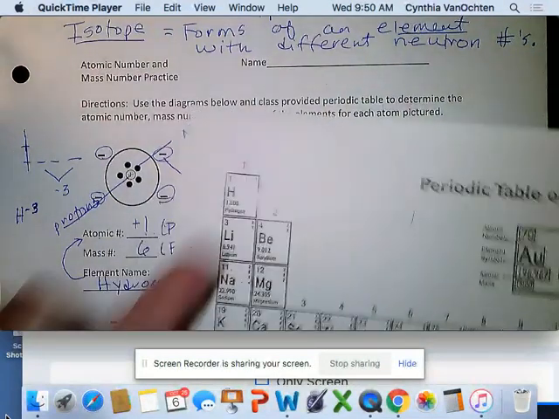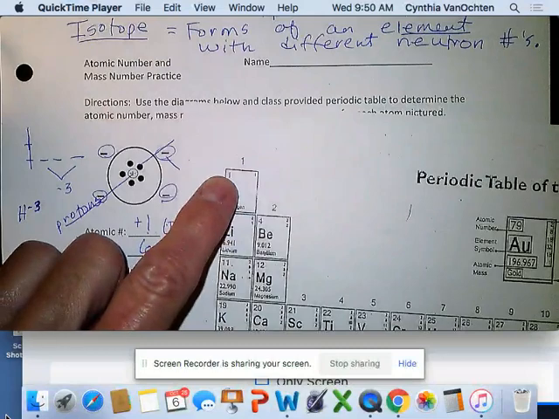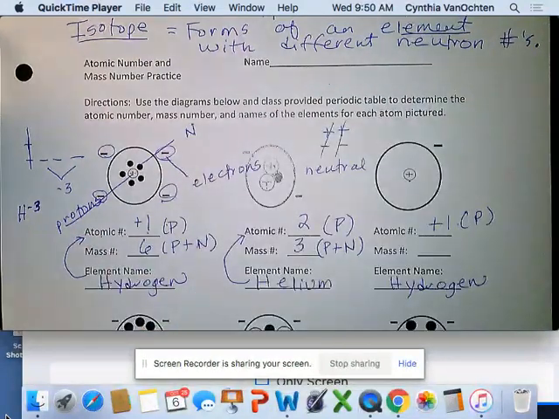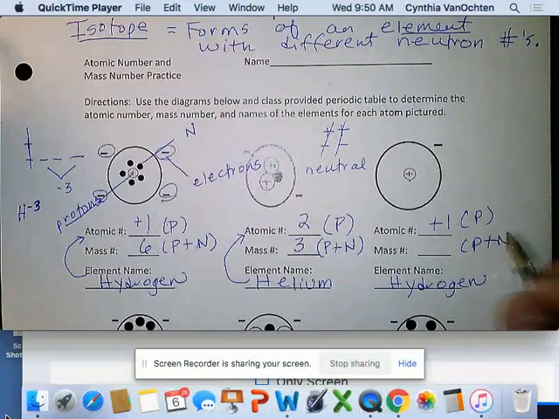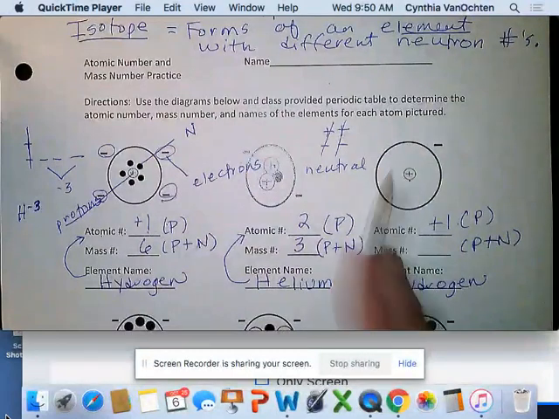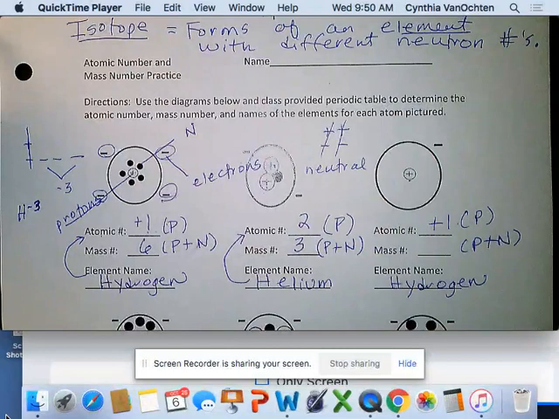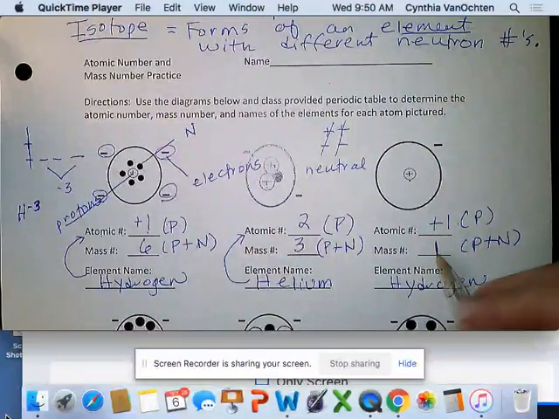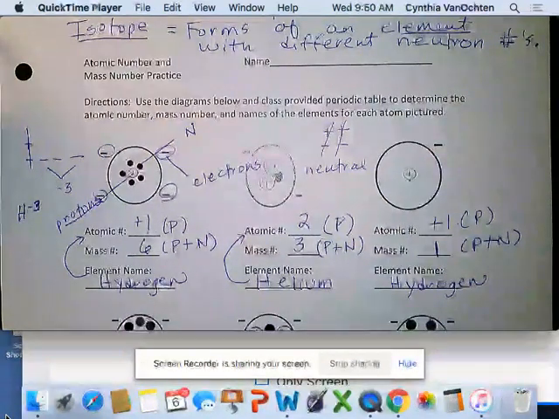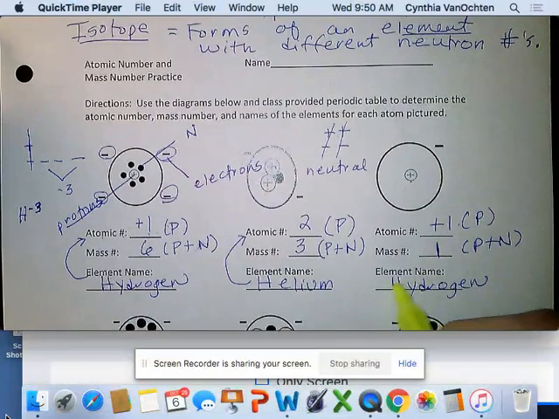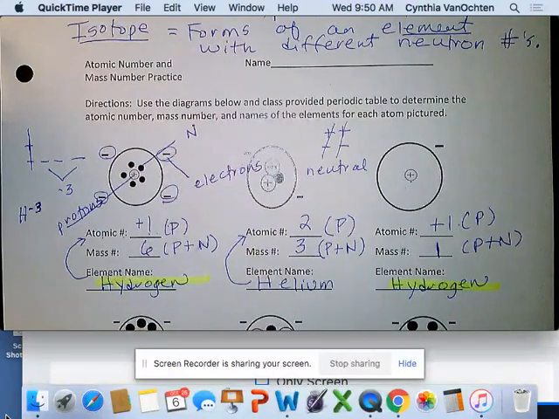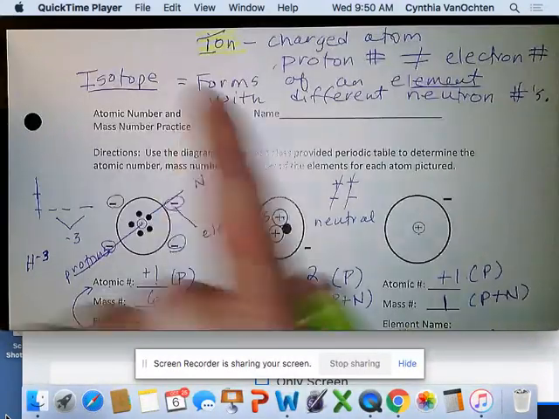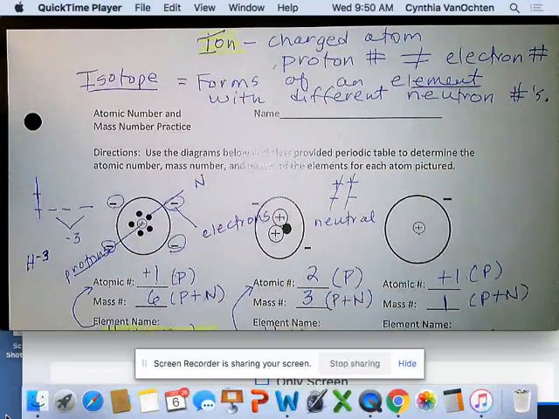And if we look at the periodic table in the upper left-hand corner, that 1 tells us that it's hydrogen. But now the protons plus the neutrons, this one has 0 neutrons and only 1 proton. So its mass number is 1. So what is happening here is this element is hydrogen and so is this one, but they're isotopes of each other because they have different numbers of neutrons.